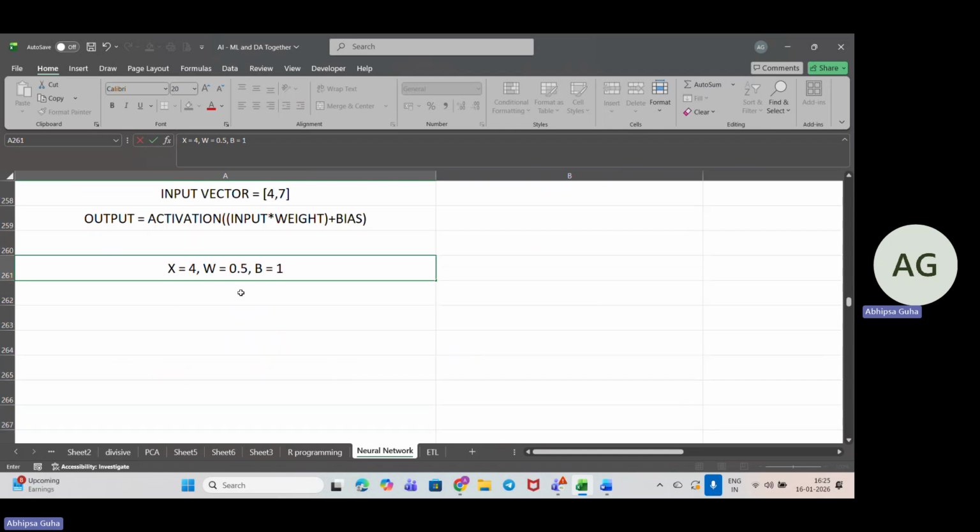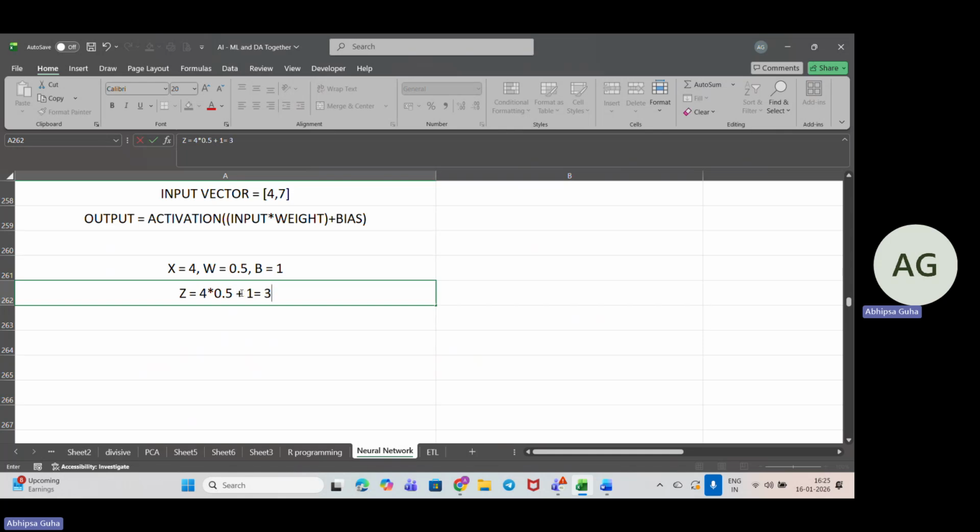The value of z is 4 into 0.5 plus 1, that is 2 plus 1, which is 3.